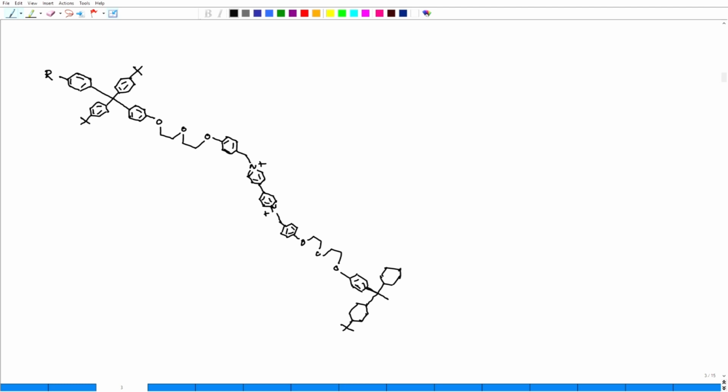For example, I am writing R here, and this, you see, I have written aromatic groups. Same thing here.